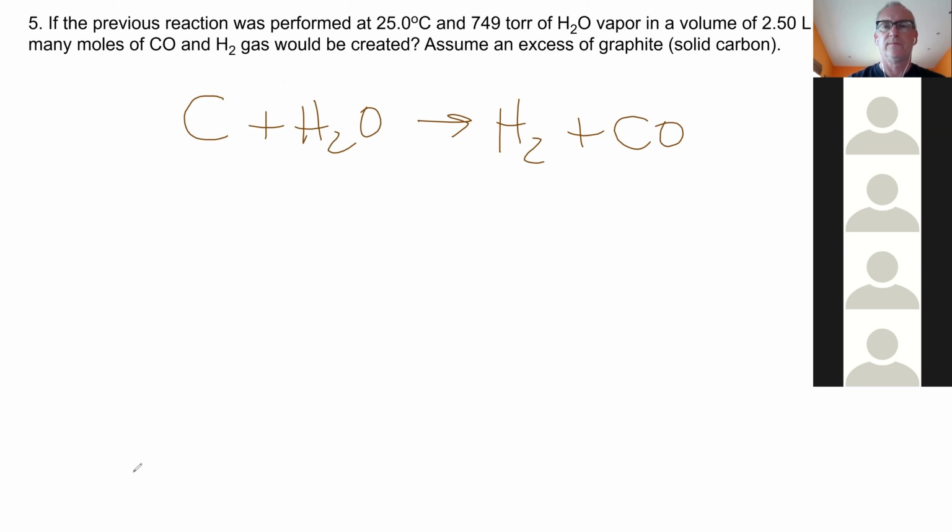Yeah. Okay, so we have an excess of graphite. And graphite is a solid, so it's not going to contribute to the pressure. So this is just another PV equals nRT question, giving you a temperature, a pressure and a volume and asking how many moles of water vapor you have.